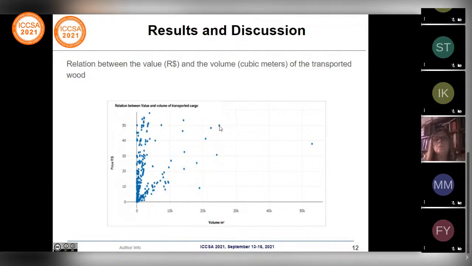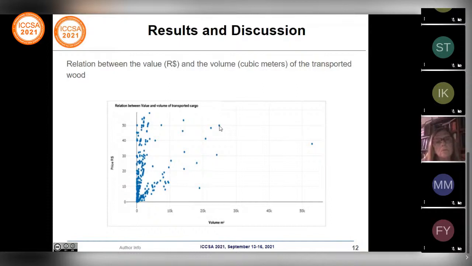This figure shows the relation between the value and cubic volume of the transported cargo. Finally, this relation of the price to the volume of the transported wood is the core discussion.